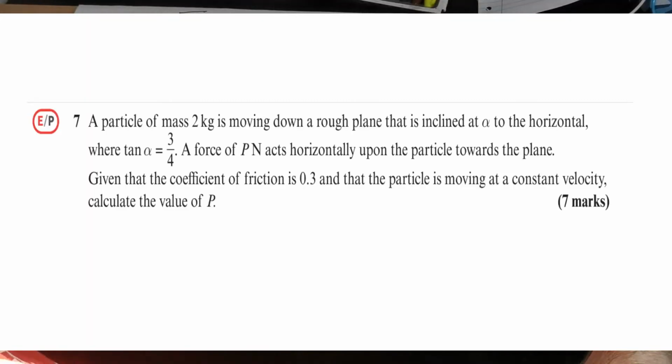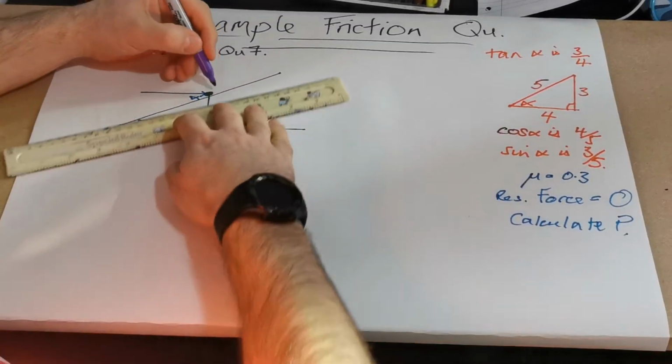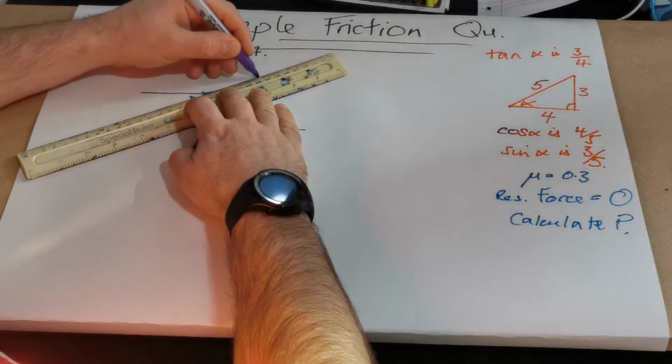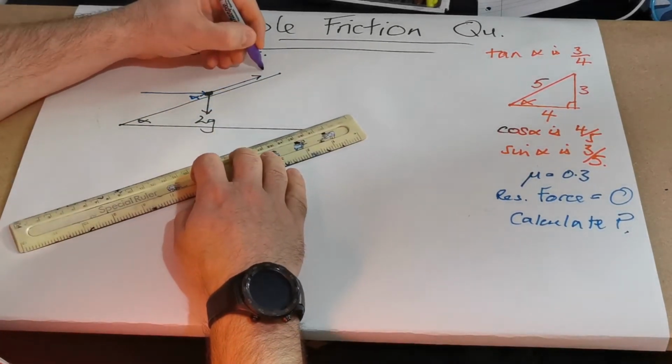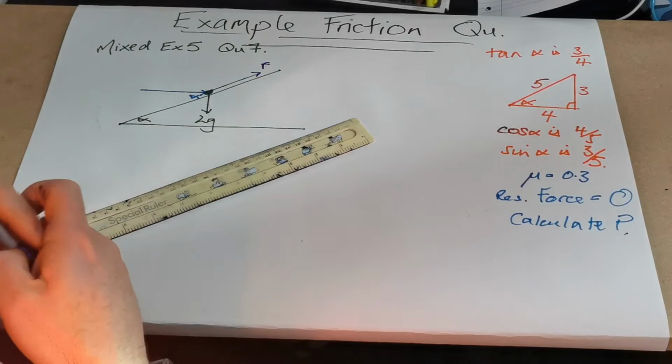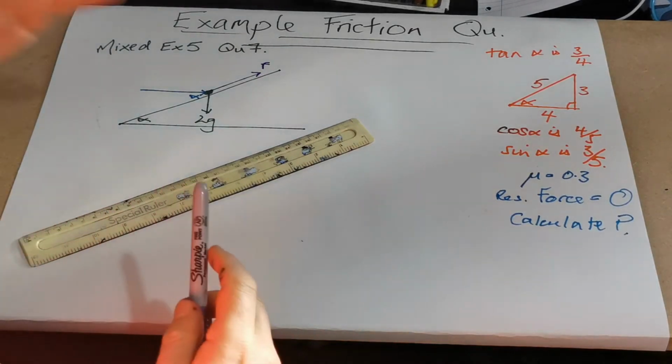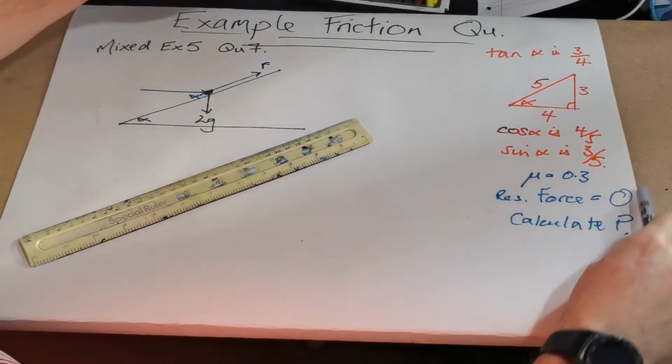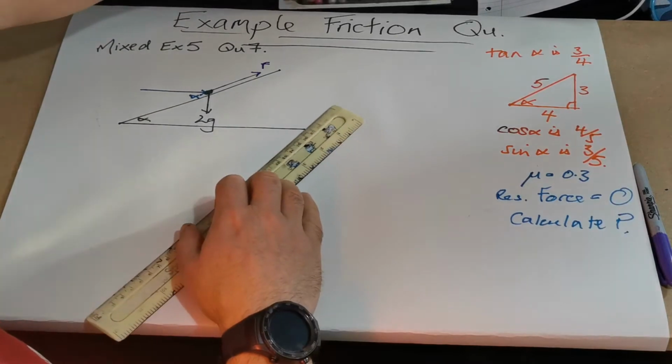The other thing, coming back to the beginning, is it says a particle of mass 2 kilograms is moving down a rough plane. So it's coming this way, so friction must act that way. Now I want to just resolve these two forces perpendicular and parallel to the plane.